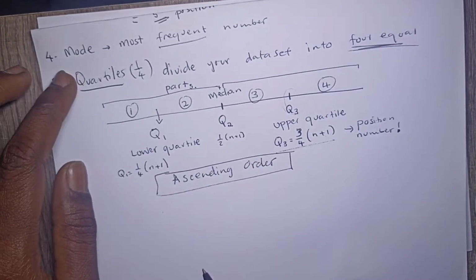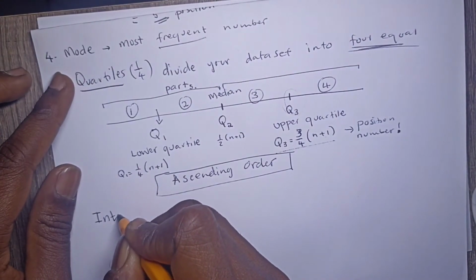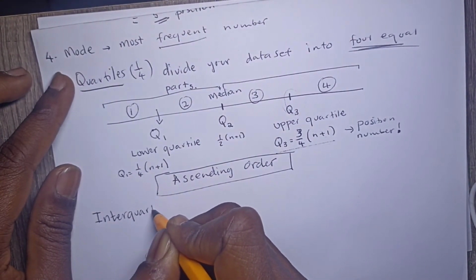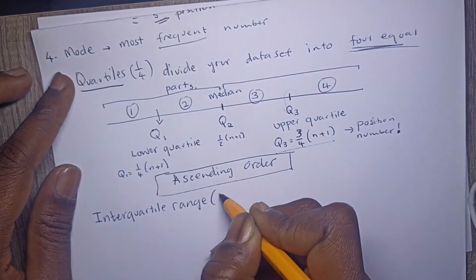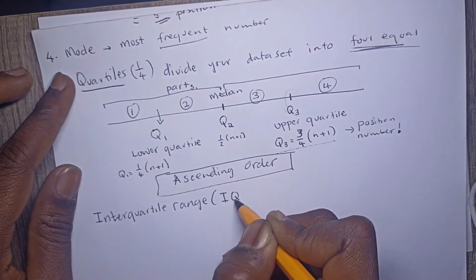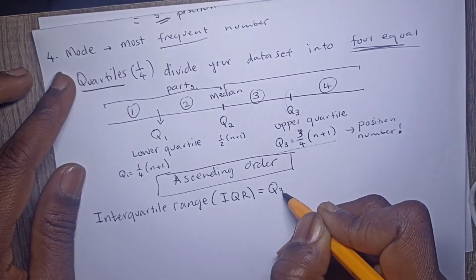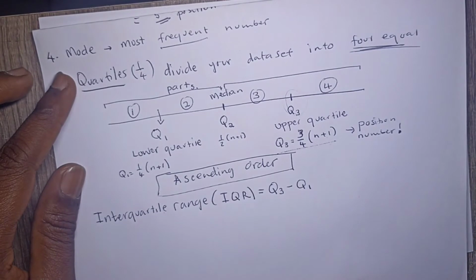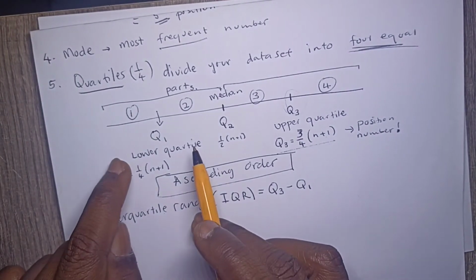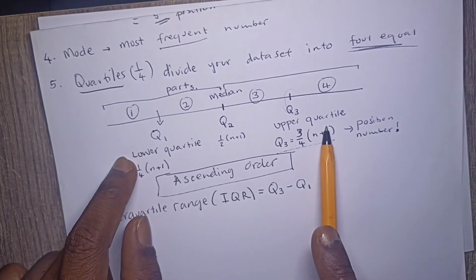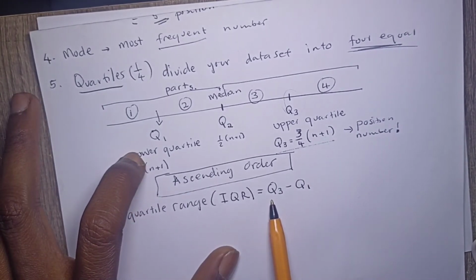From the quartiles, they can ask you to find the interquartile range. We call it the IQR. How do you find it? It's given by the difference between the upper quartile and the lower quartile. You go to the position numbers, find your values, and say Q3 minus Q1.